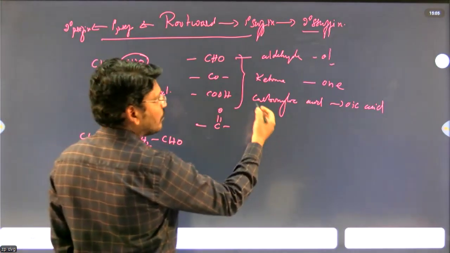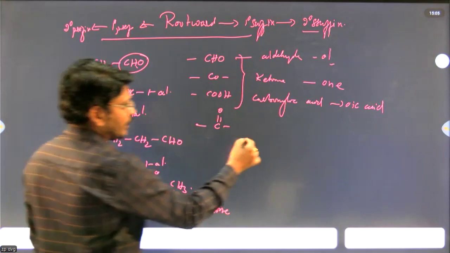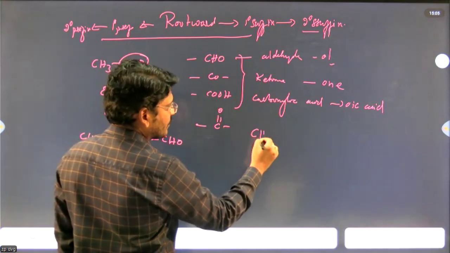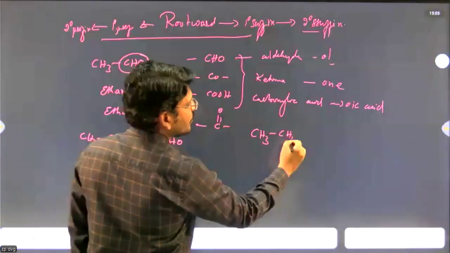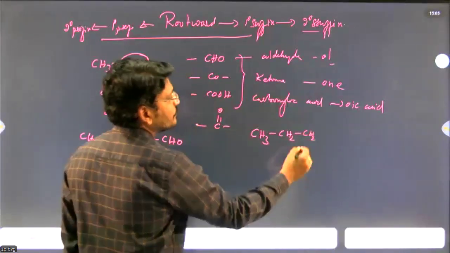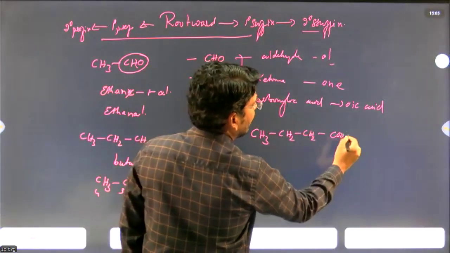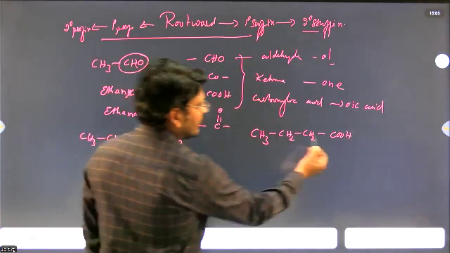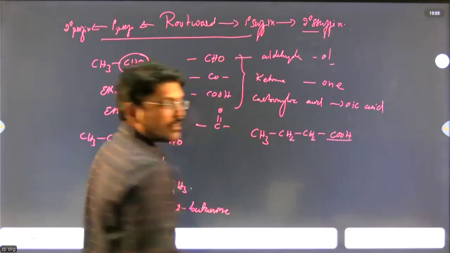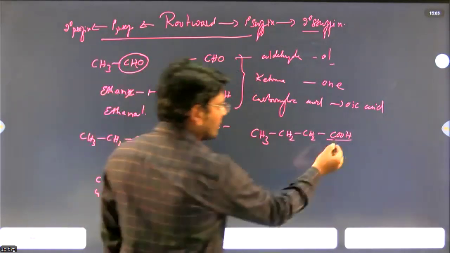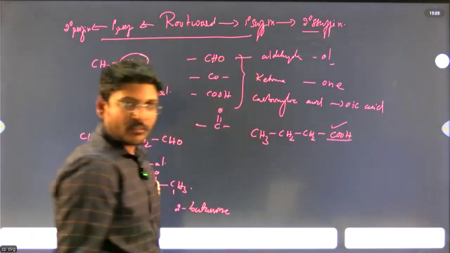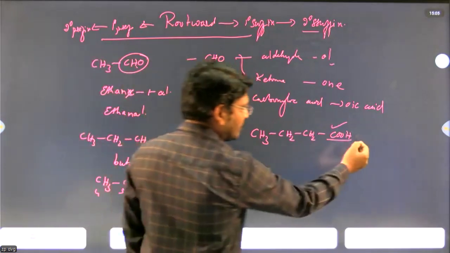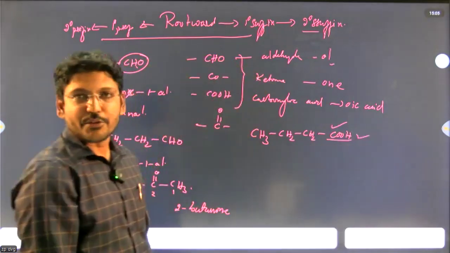These are all common things that you already know. We can take one more example, CH3, CH2, CH2, COOH. If you observe this particular compound, it contains one functional group that acts as a carboxylic acid. The carboxylic acid itself contains a carbon, so we can consider this functional group as a terminal functional group.